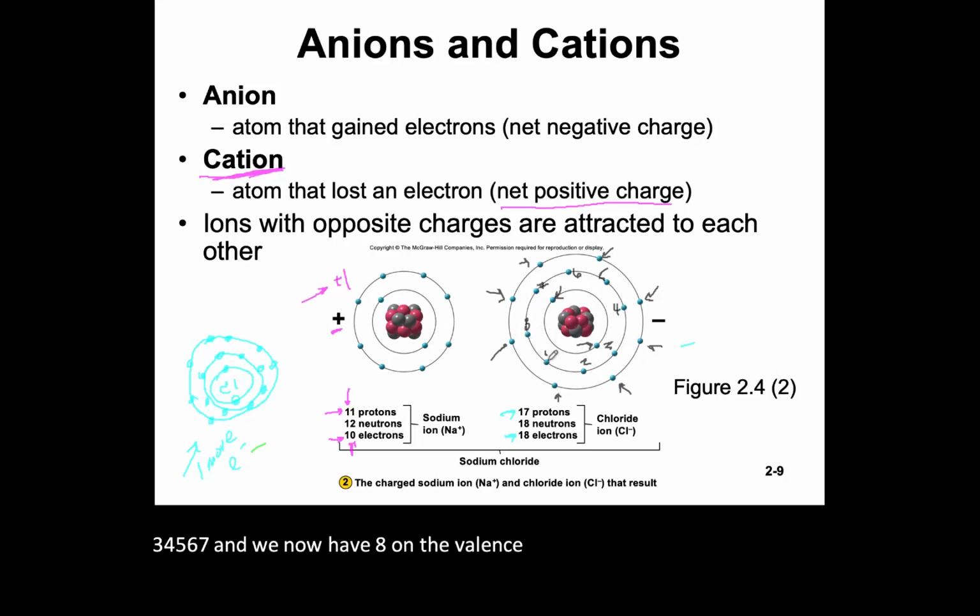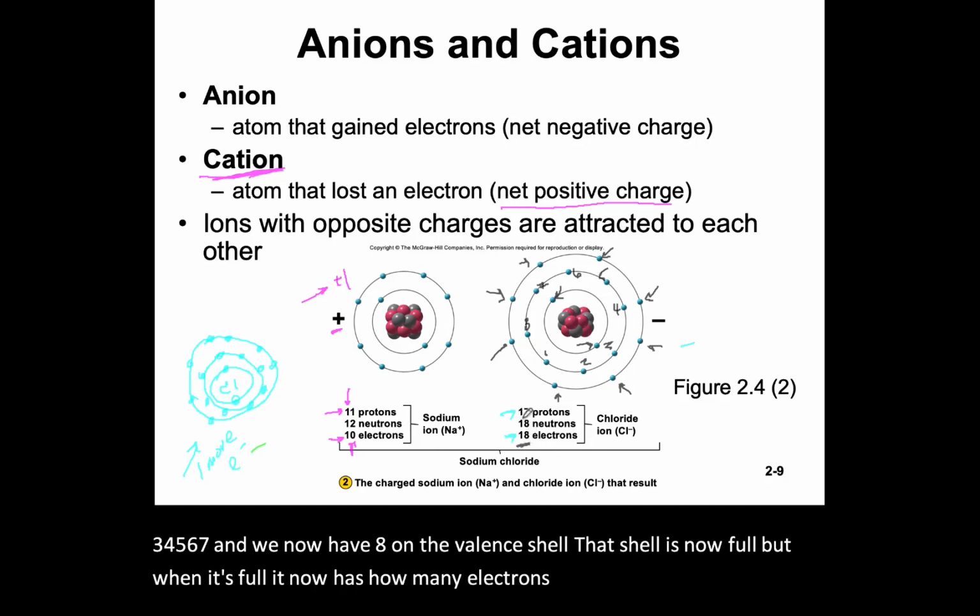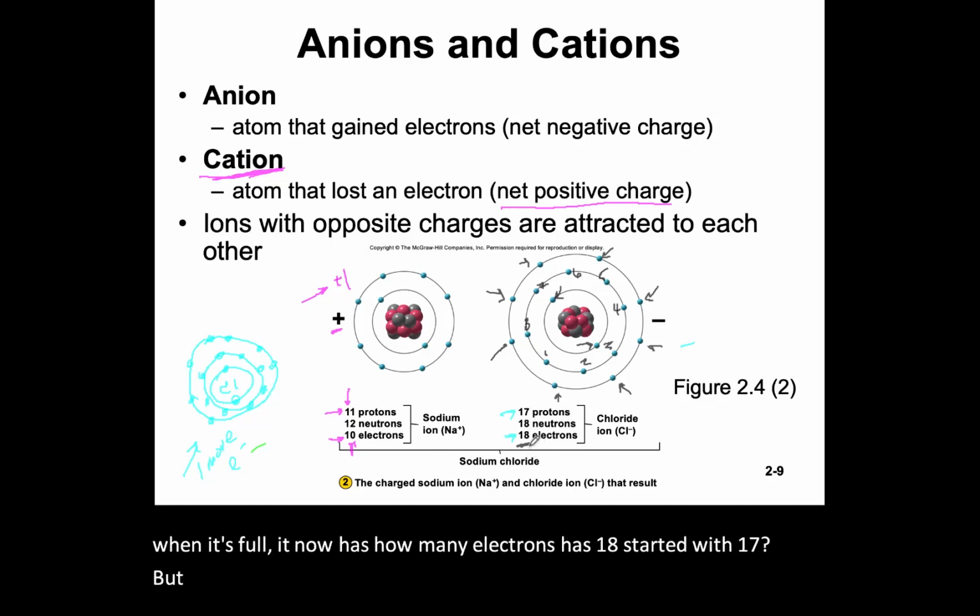That shell is now full. But when it's full, it now has how many electrons? It has 18. It started with 17, but it now has 18. So we have 18 electrons and 17 protons.